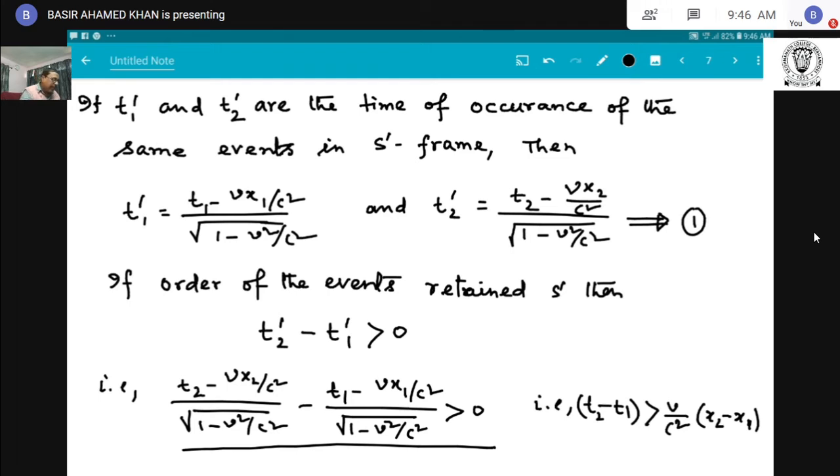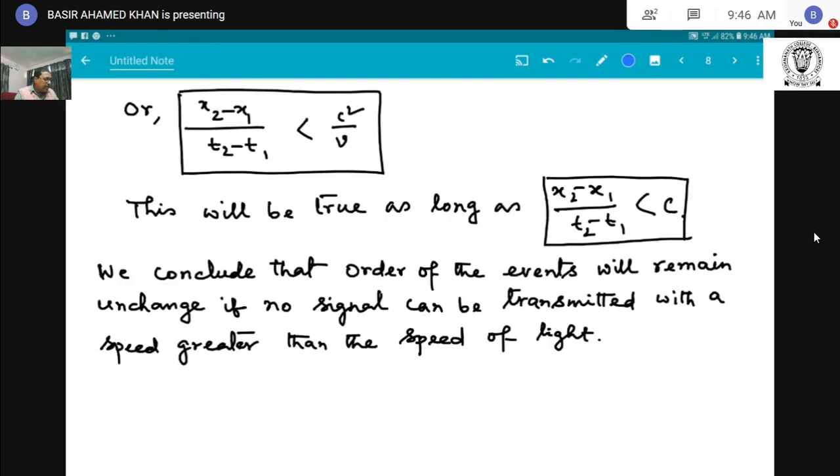That is, t2 minus t1 is greater than v by c square into x2 minus x1. Then x2 minus x1 divided by t2 minus t1 is less than c square by v. This will be true as long as x2 minus x1 divided by t2 minus t1 is less than or equal to c.